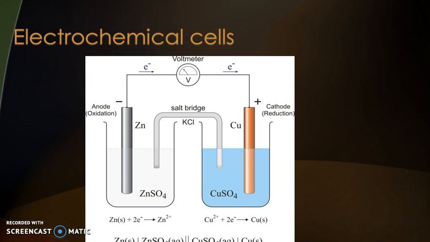In the left-hand beaker, the zinc is being oxidized to form zinc ions. So that zinc will very slowly dissolve, and as it does that, it produces electrons. Those electrons travel via the wire into the piece of copper metal.